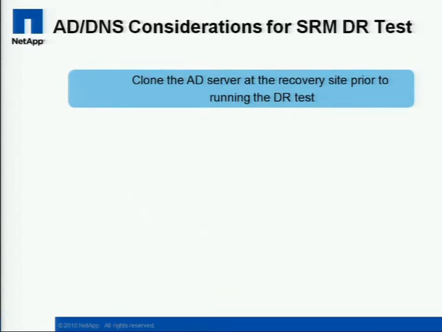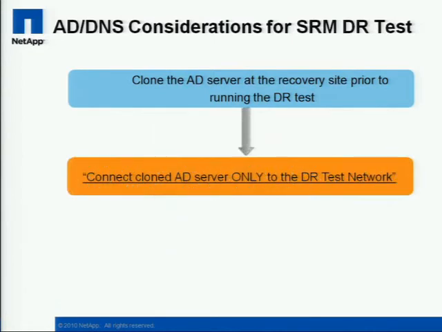So before you run the SRM DR test, make sure you make a clone of the AD server on the DR site, and then connect the cloned AD server only to the private DR test network. Do not connect it onto the public networks. Once you do this, you will be able to verify the functionality of your applications in the DR test networks.